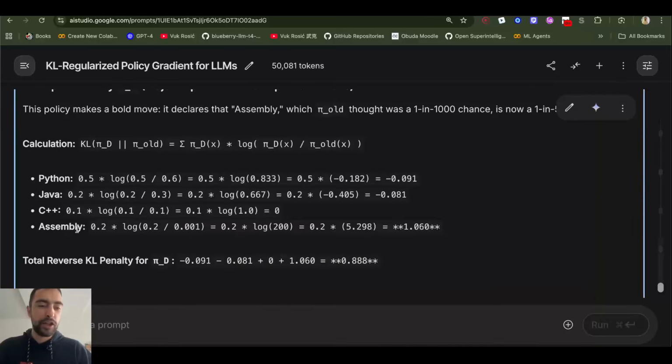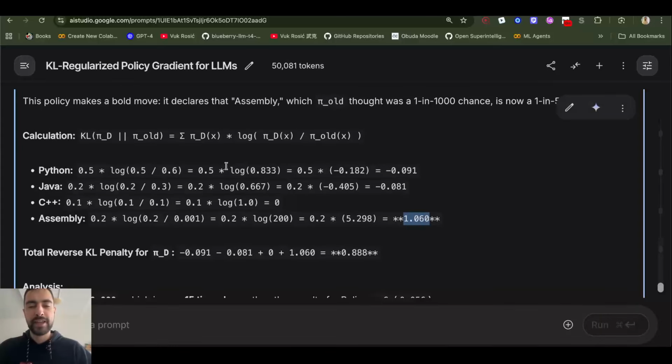So we have a log of the new probability over the old probability that was very, very small. So this will result in a big number. So we will have a log of a big number because we're dividing by a very small number. So now our KL divergence will go up a lot. So that's what reverse KL divergence does.